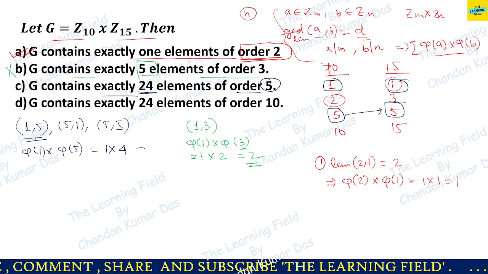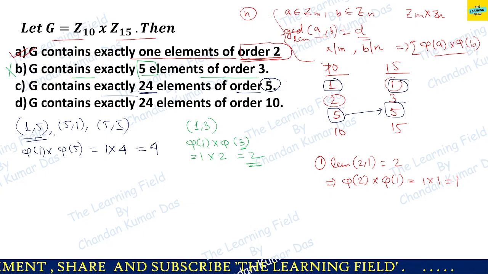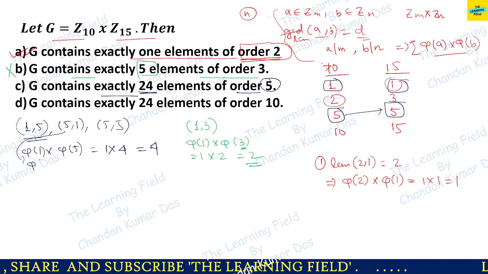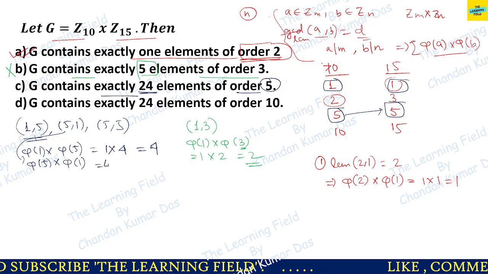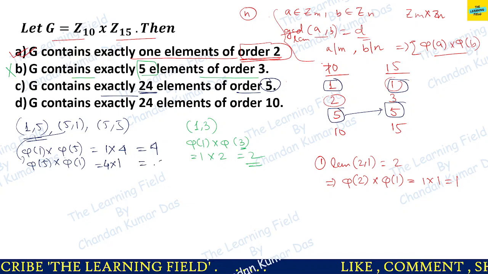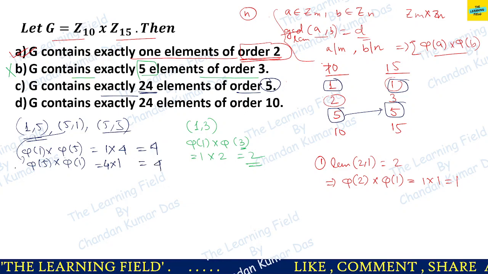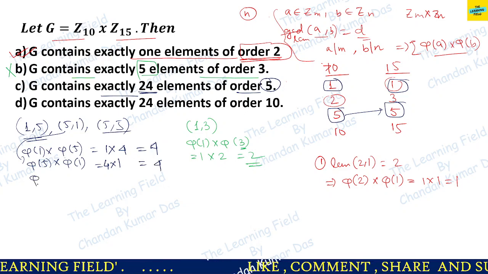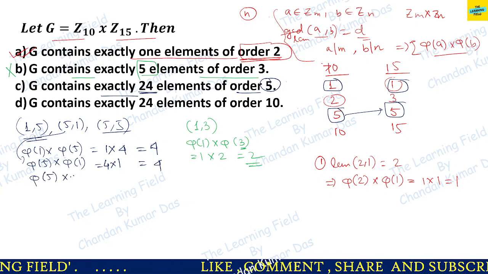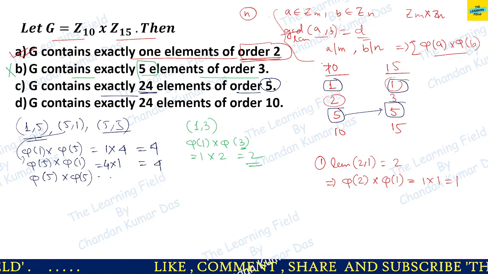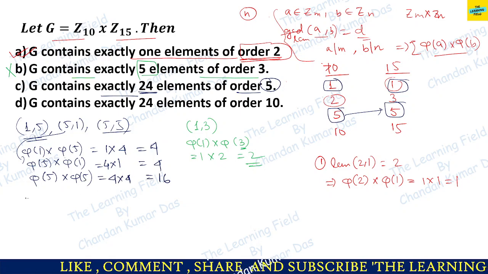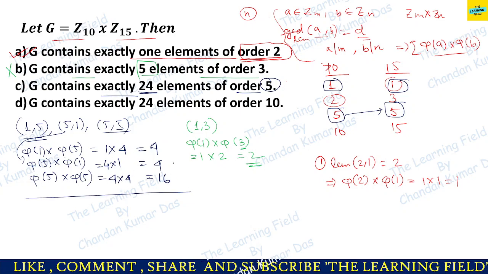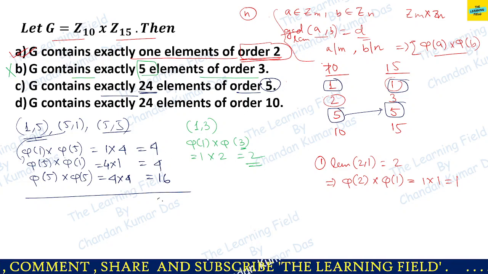So this is 4, and for this similarly phi 5 cross phi 1, which is 4 cross 1, again 4. And for 5 and 5 we get phi 5 into phi 5, which is equal to 4 into 4, this is equal to 16. So the total number of elements is 24.